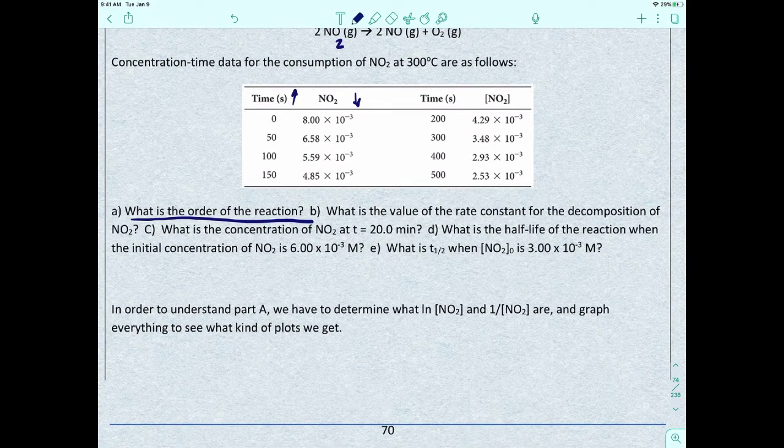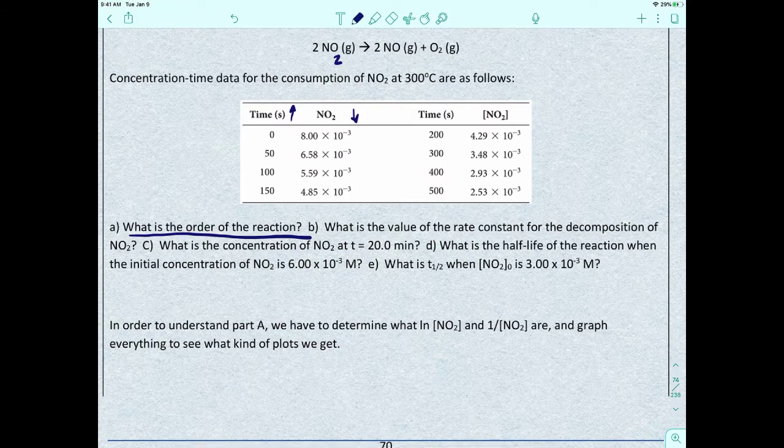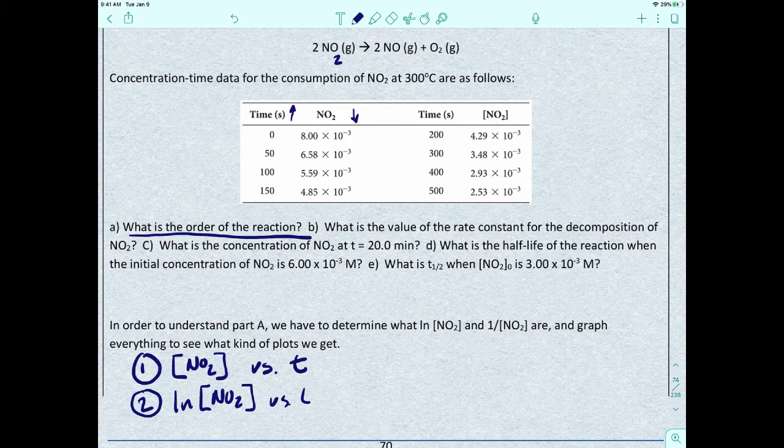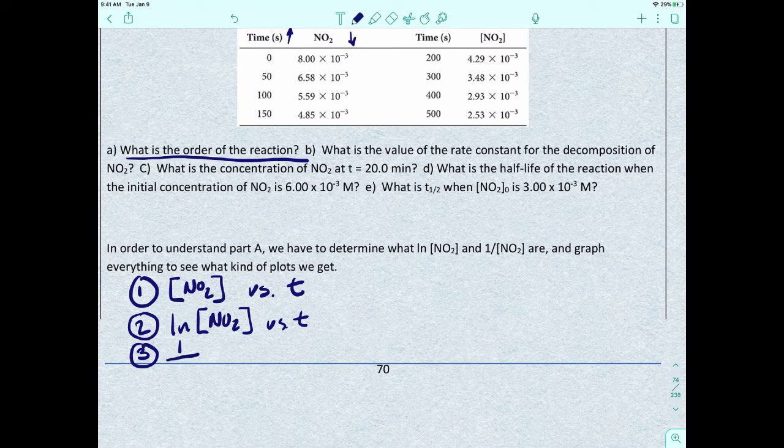So we're going to make 3 plots. One plot is going to be the concentration of NO2 versus time. A second plot, to follow what we did for first order reaction, should be the natural log of the concentration of NO2 versus time. And the third one should be 1 over the concentration of NO2 versus time.